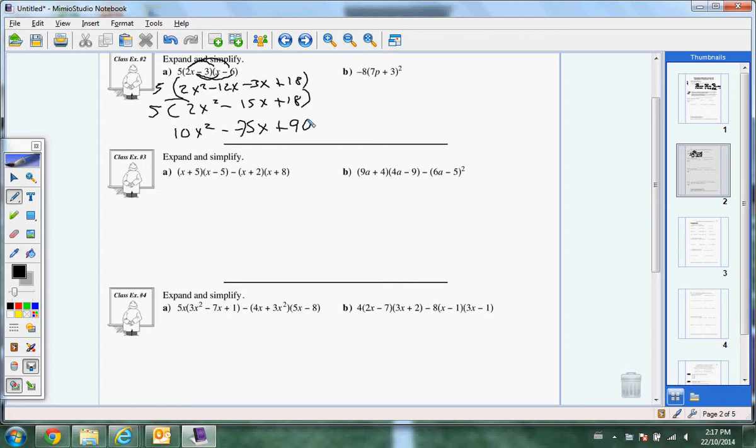Questions on that? So on part B, let's use our thing we just learned. Okay, so Tatum, what would this right here be without having to FOIL it from earlier? So 7p plus 3 squared. So how do we do that? Do you remember? Just this guy. Don't worry about the negative 8, just that squared.